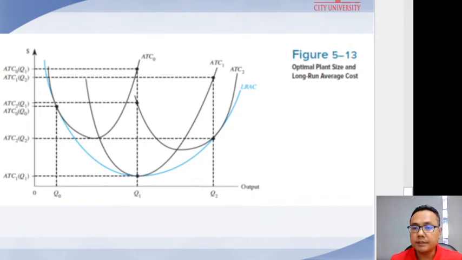ATC0 is drawn under the assumption that there is some fixed factor of production. So the average total cost of producing output level Q0, given the fixed cost of production, is ATC0 times Q0, from here to here.